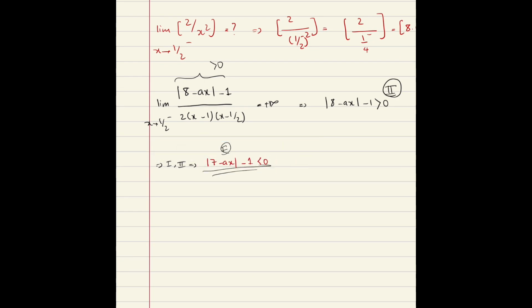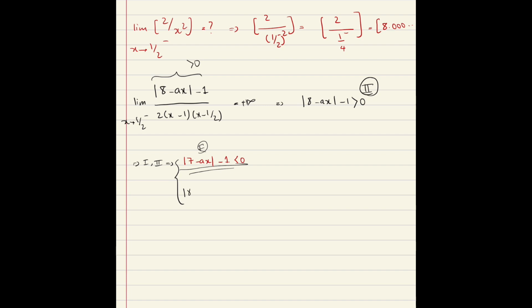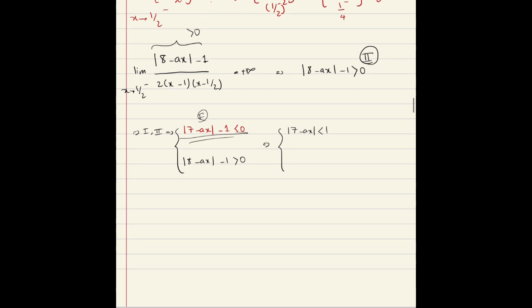So the first one is absolute value of 7 minus ax minus 1 less than 0, and the second one is absolute value of 8 minus ax minus 1 greater than 0. And if you remember, the x's are actually approaching 1 over 2 or 0.5.